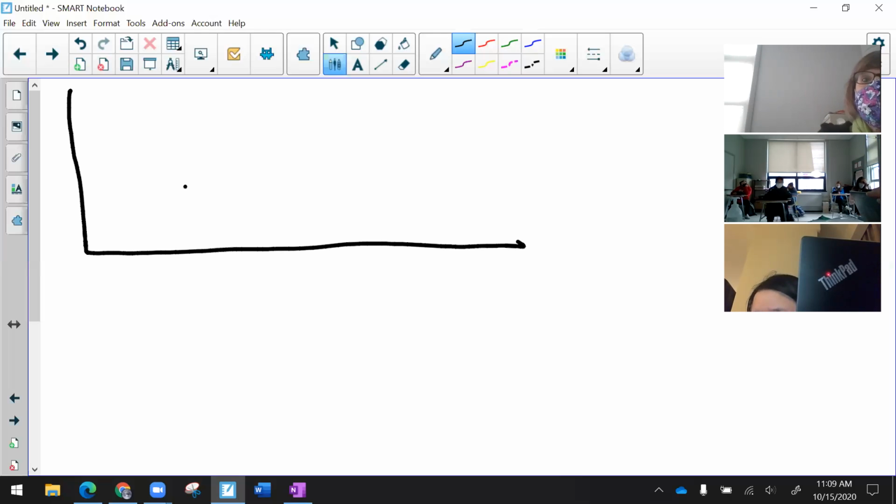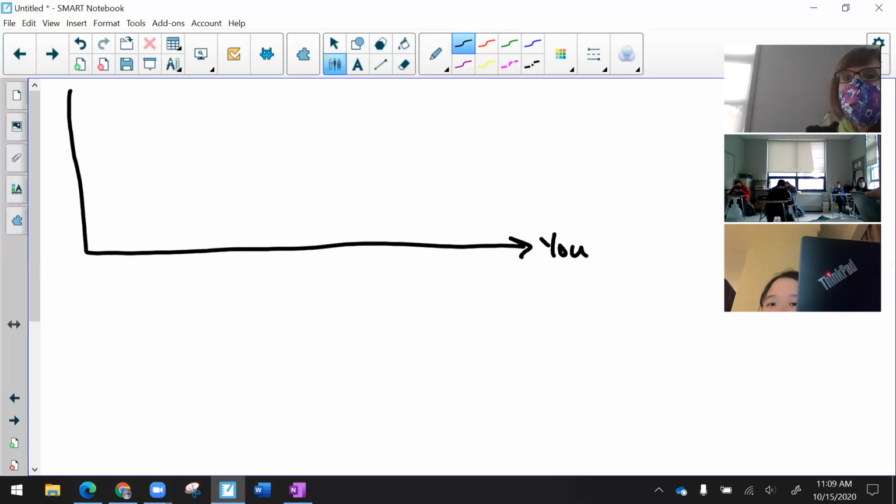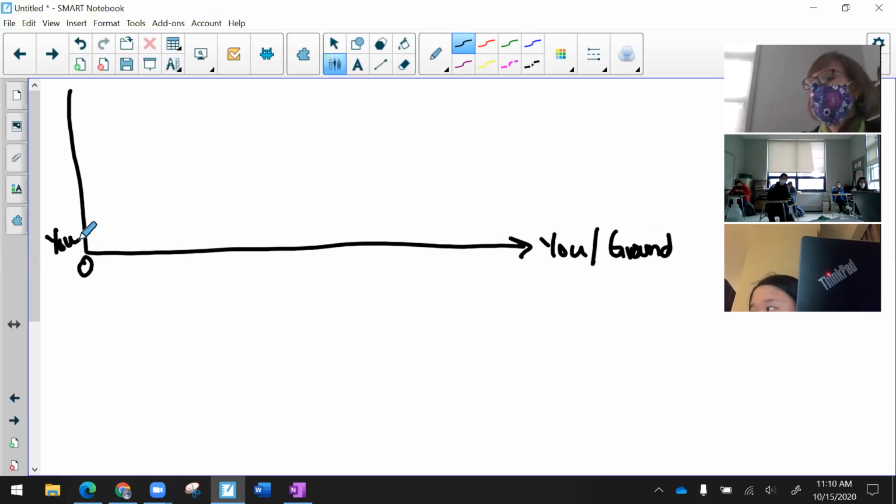So I have a coordinate system here, and that is going to be coordinate system u, which I should say slash ground, because you are standing on the ground at the station observing all of this. Your origin is going to be back here, and you are going to be standing at the origin. I don't really need a vertical axis at this point, but it's nice to have a line where the origin is.